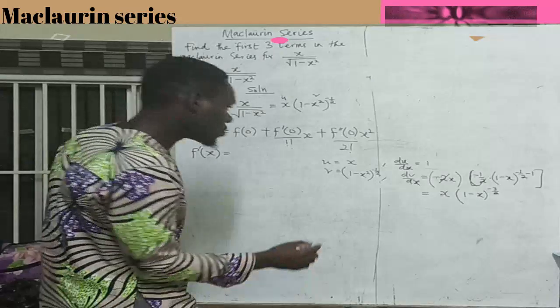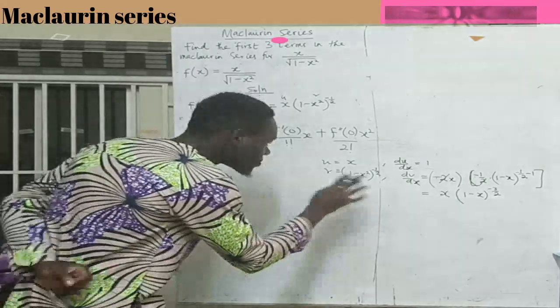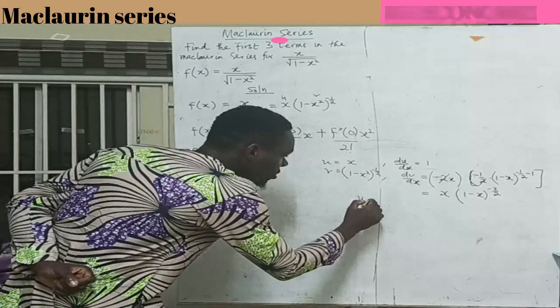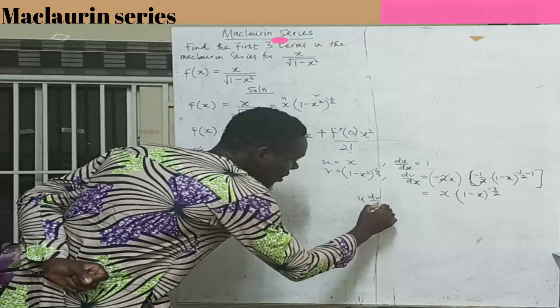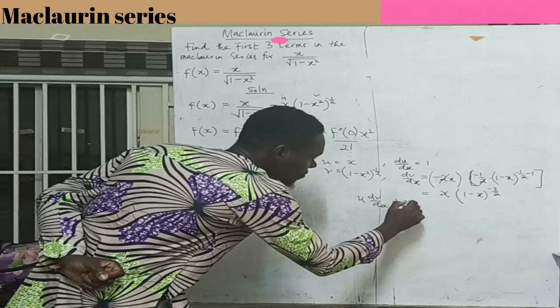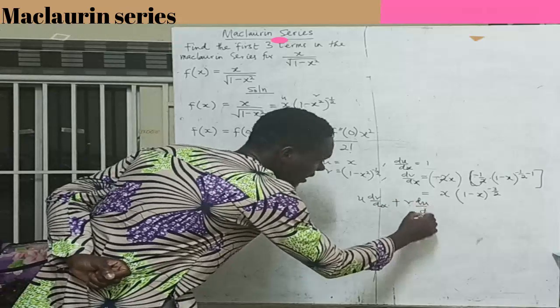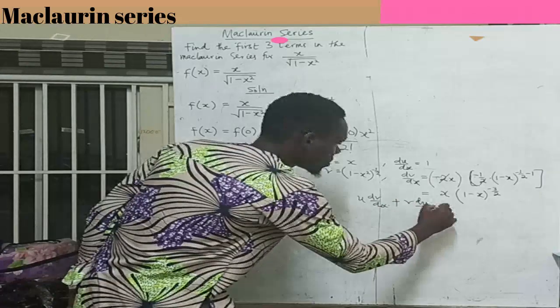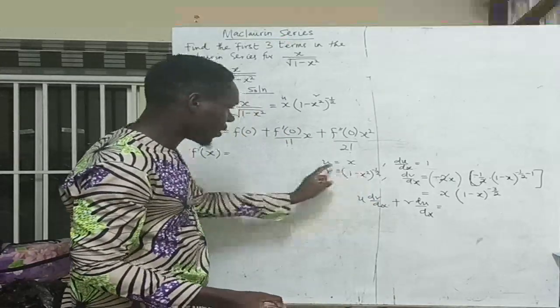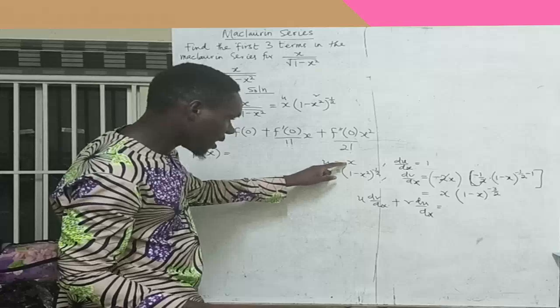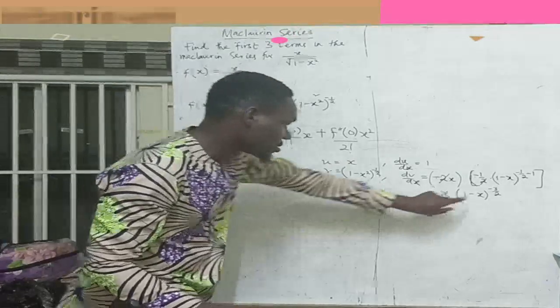All right. So the formula for our product rule is u dv dx plus v du dx. In this case, our u from here is x, and our dv dx is this.